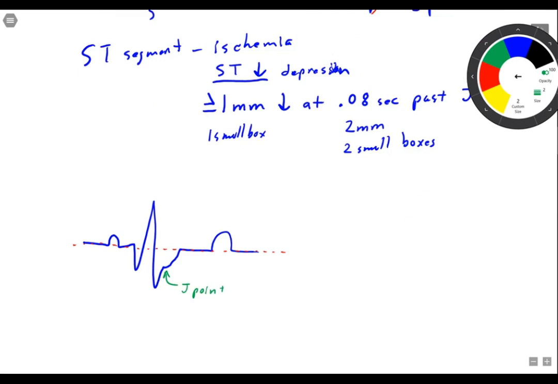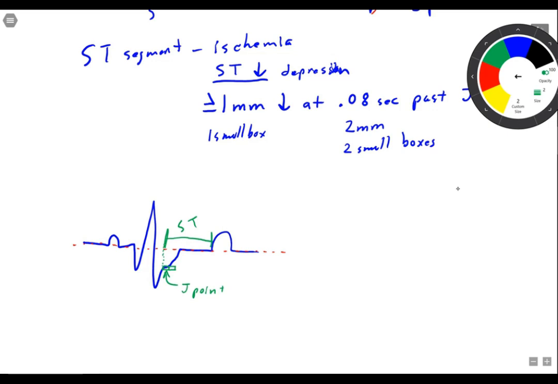So that's the end of our S wave. So here's our ST segment. So what we're looking at is this ST segment, is it depressed at least 1 small box at 2 small boxes past the J point? So let's go 2 small boxes past the J point. Here's our J point, and let's say this is 2 small boxes right here.